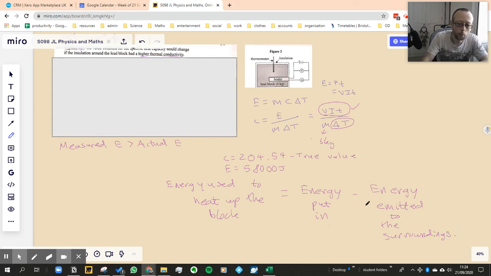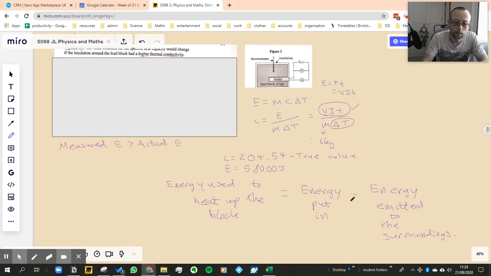Okay, so what we're assuming is that is zero. It's not, because it's never zero in fact, even if you have the best insulation, but obviously it'll be close to zero. We're going to say we have a higher thermal conductivity, so a worse insulation, so a non-negligible loss.